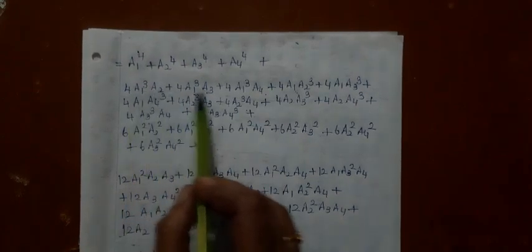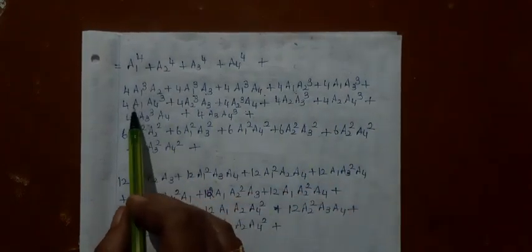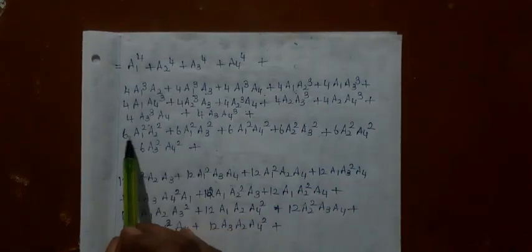Plus, I have collected all terms with 4 as the coefficient separately, 6 as the coefficient separately, 12 as the coefficient separately, and 24 as the coefficient separately. That's all the terms.